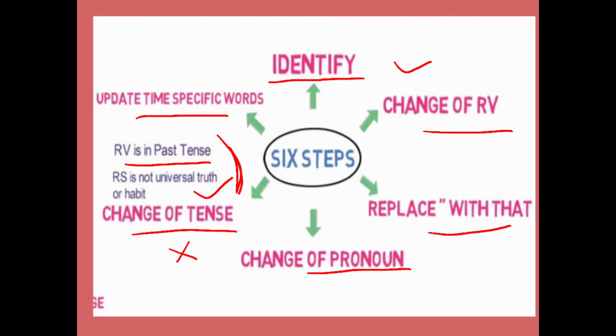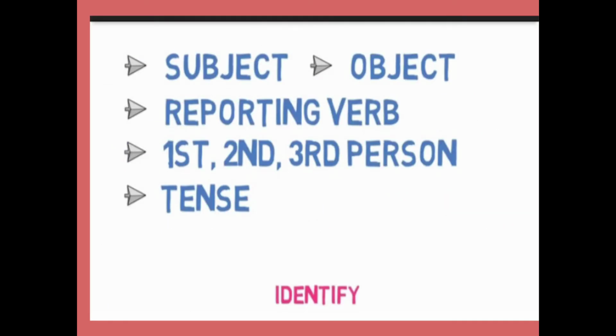For example, he said to me, in inverted commas, "The sun rises in the east." So the sun rises in the east is a universal truth. What will we do? We will not change the tense of this sentence. The reported speech, the sun rises in the east. Only we will change pronouns or verbs.